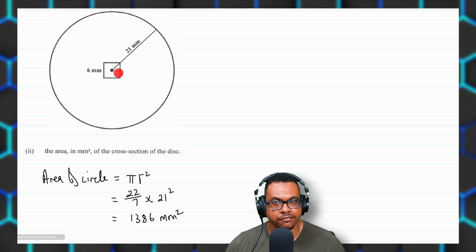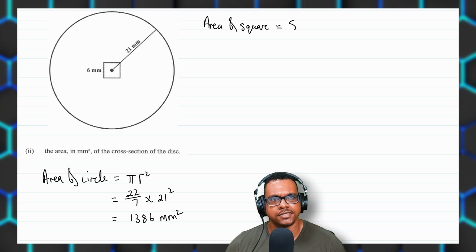Now remember, this is not the final answer. We still have to find the area of the square. And of course, the area of a square is side by side. So area of square is equal to side by side. And each side is 6 millimeters. So 6 by 6, which is 36 millimeters squared.